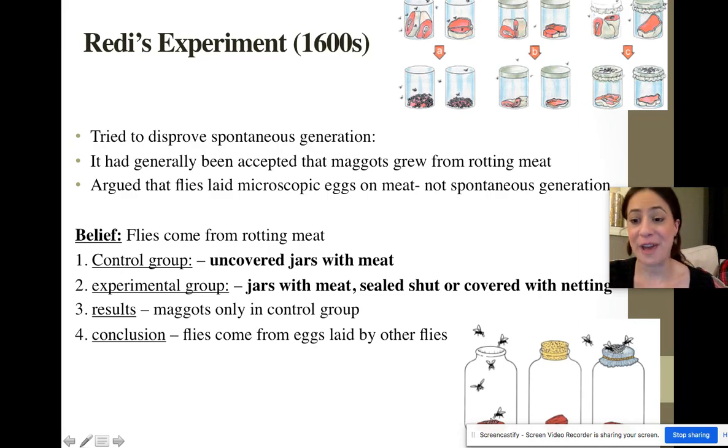They couldn't defend themselves when they saw this experimental group, because the force in the air could still get in. So why is it that there were no maggots? That's because the flies couldn't get in. So Francesco Redi's experiment in the 1600s was important.